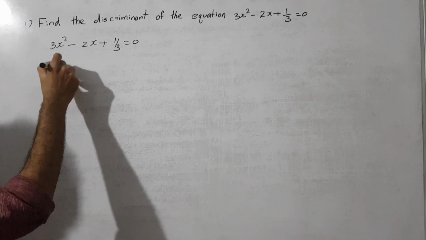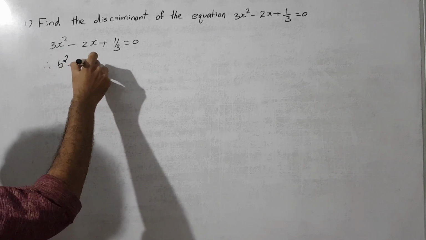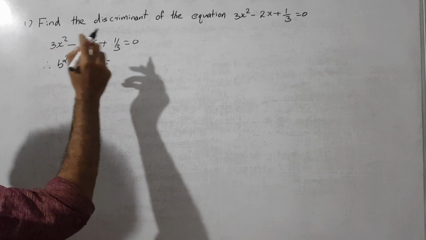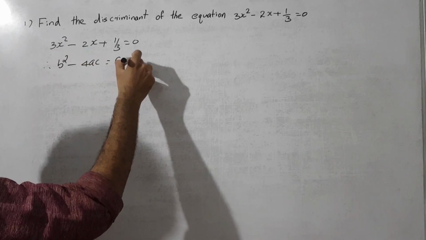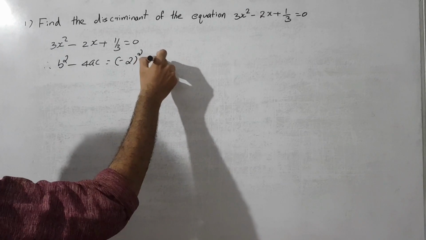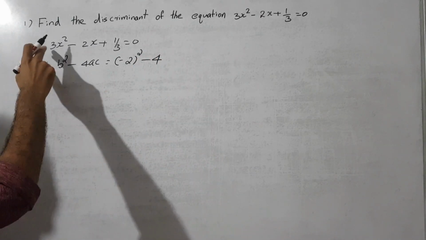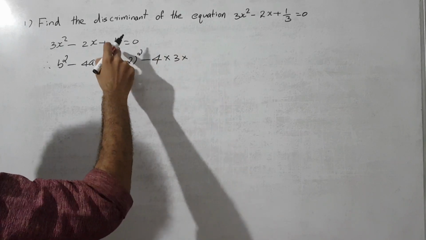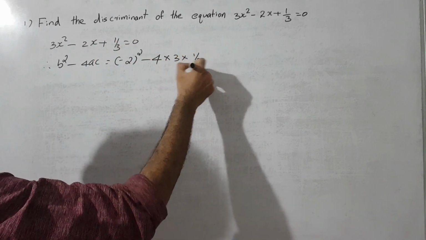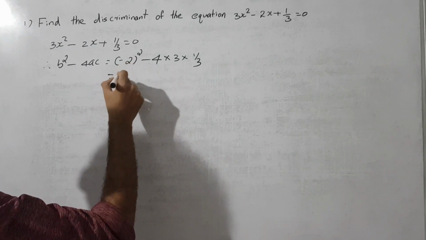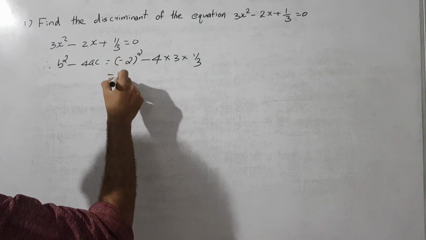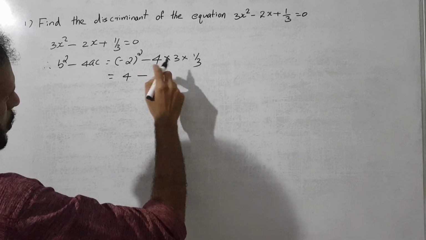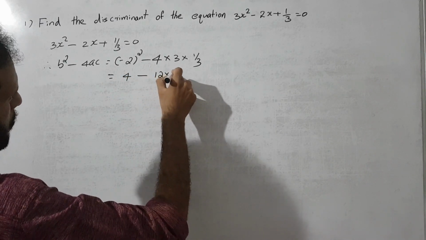Therefore, b square minus 4ac is equal to, what is b? b is minus 2, correct? So minus 2 square minus 4 into a is 3 into c is 1 by 3, that is equal to minus 2 square is 4, minus 4 into 3 is 12, into 1 by 3, correct?